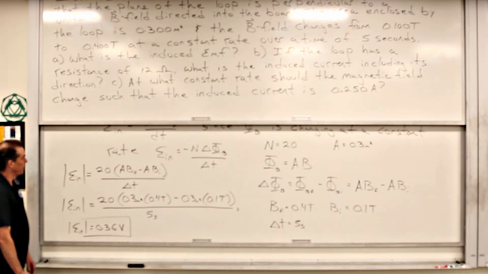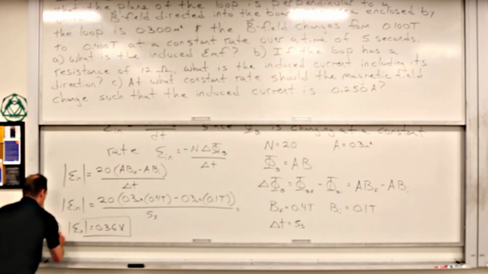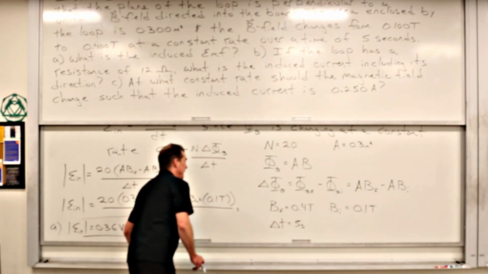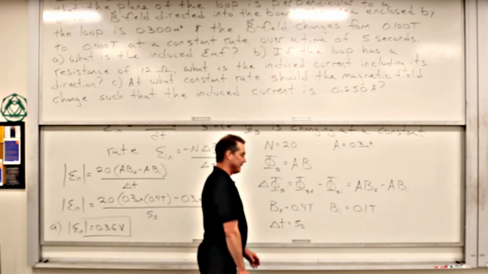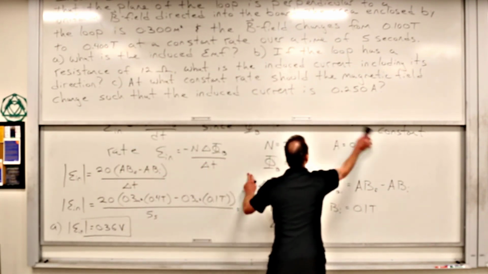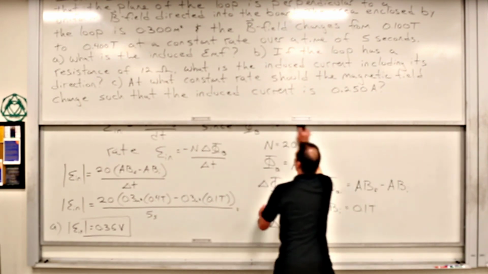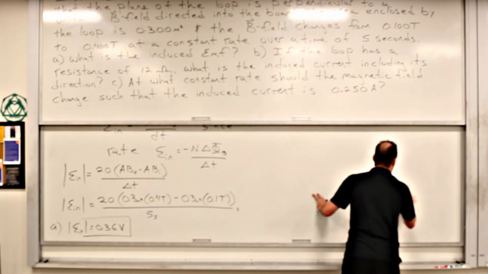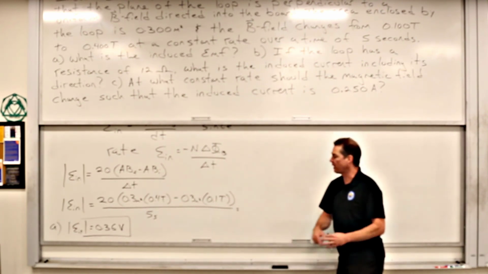So there we go. So let us go ahead now. If this was the answer to part A, we'll go on to part B and figure out what, in fact, is the induced current. Once we've got the induced EMF, figuring out the induced current is really just a matter of going to Ohm's law.